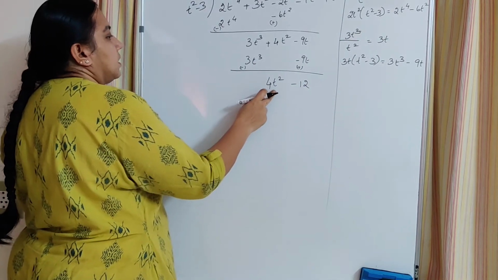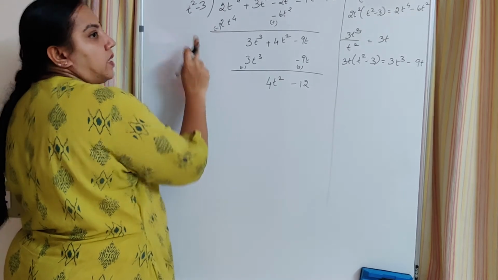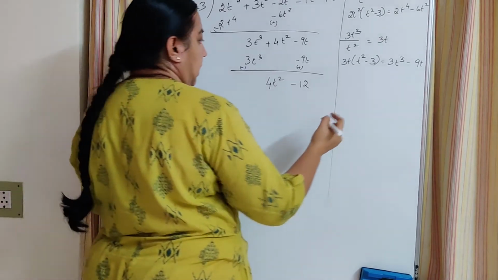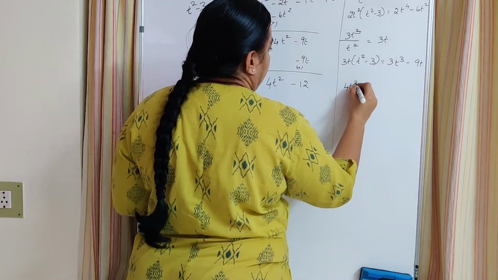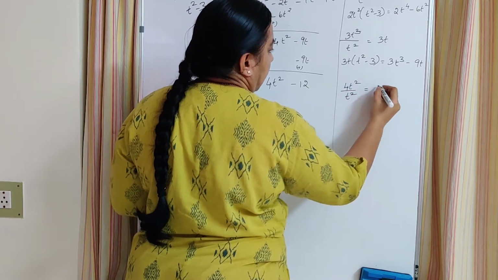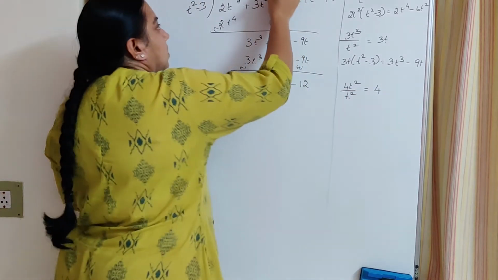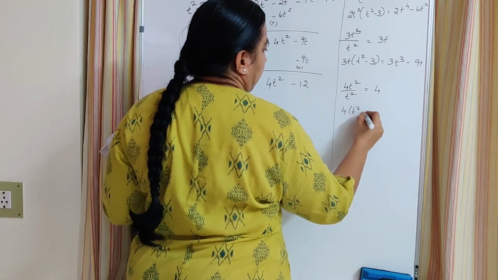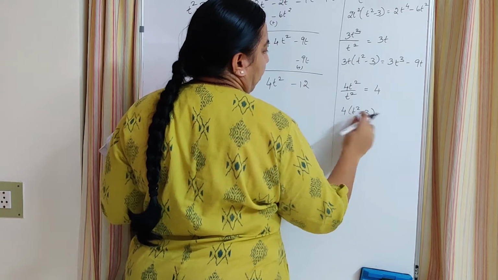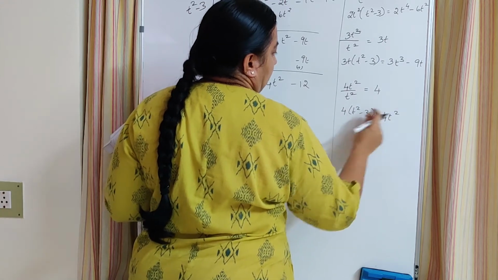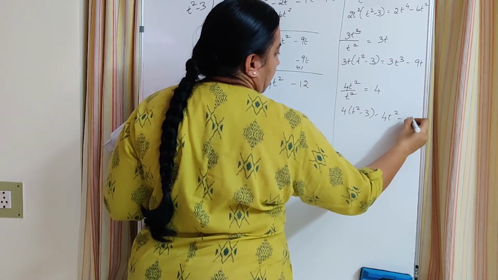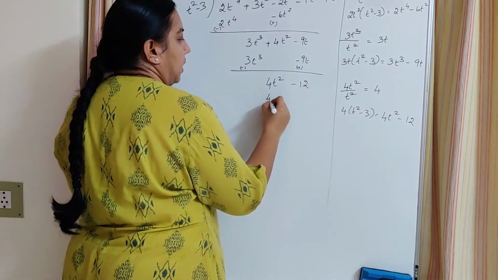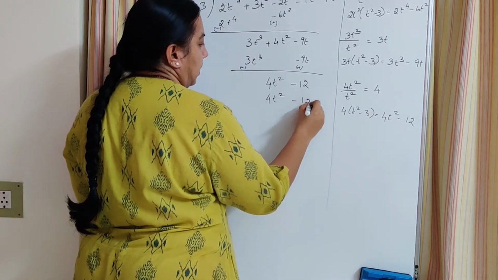Okay. Then this term is t square, this term is also t square, so we can continue with the division. 4t square divided by t square is equal to 4. So here plus 4. And 4 into t square minus 3 is equal to 4t square minus 3 4s are 12. So 4t square minus 12.